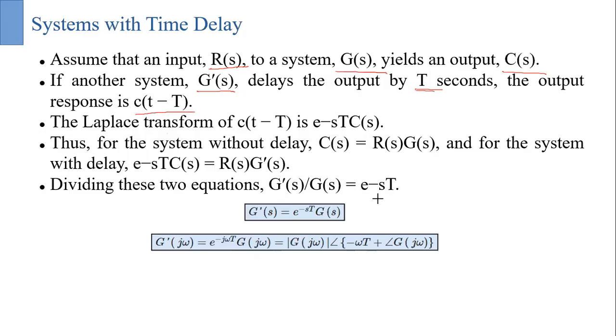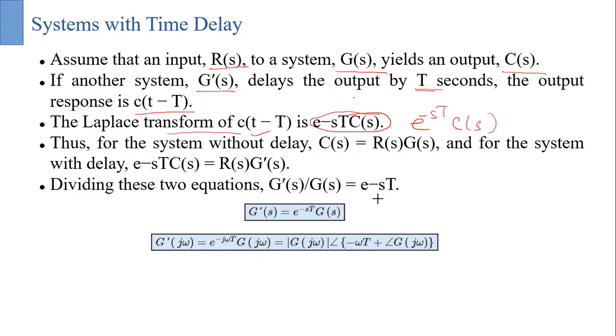Now from the Laplace transformation, we know that we can include our delay in terms of this, so e to the power minus sT. Don't get confused about this one, I'll just copy it from the book. So it is actually e to the minus sT times C of s.